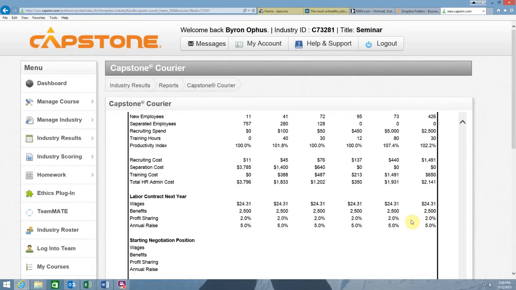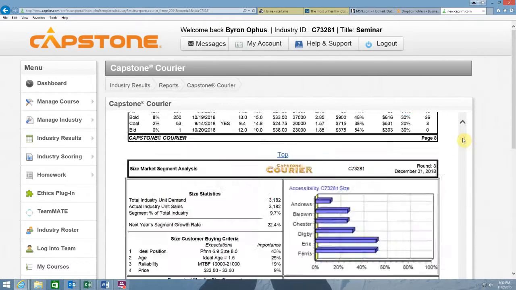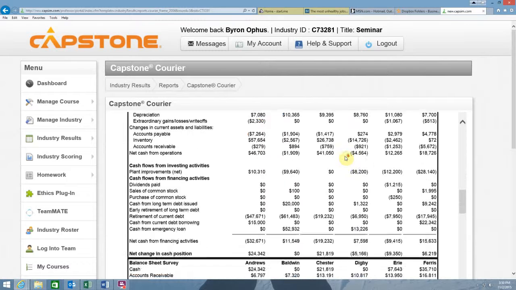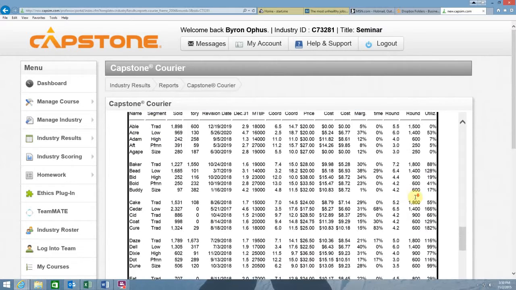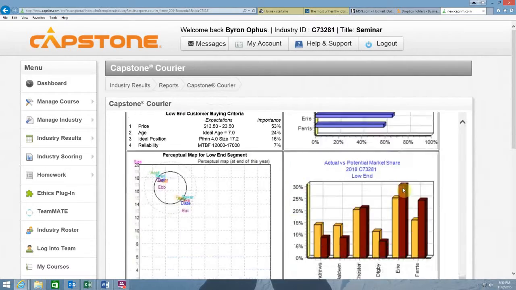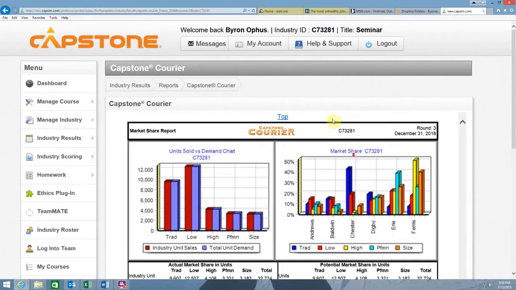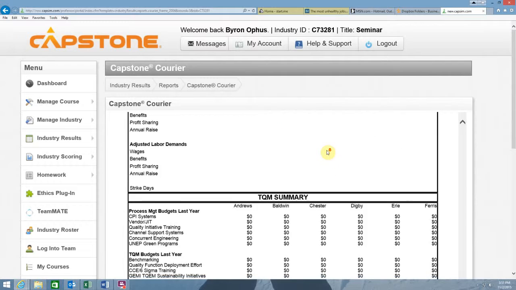Their total labor cost is probably somewhere in the neighborhood of $50 or $60 million. So you save an extra 5%, or you save $2.5 to 3 million. Okay, and again, that's savings that will not only continue, but it will grow throughout the rest of the game.